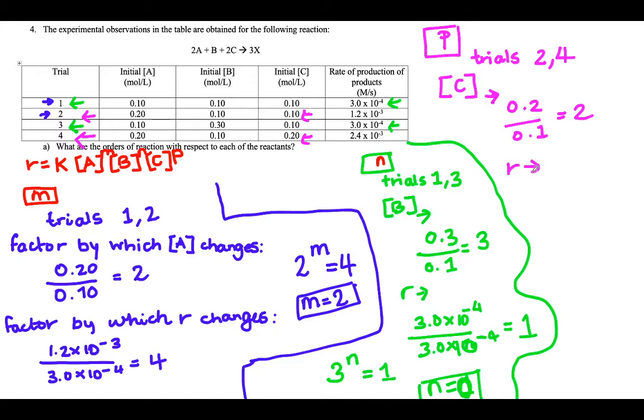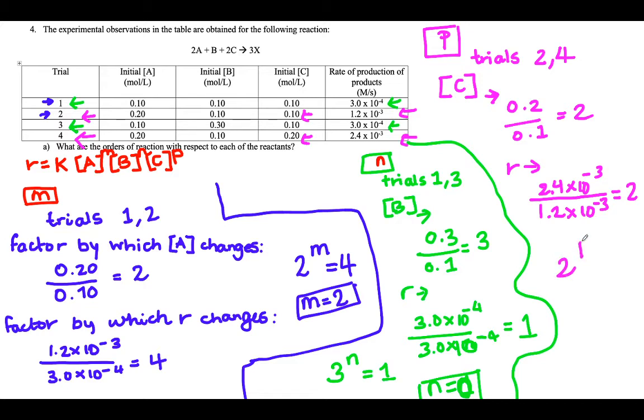If I'm looking for how rate changes, I'm going to again choose trial 4 to be the numerator, just because I did that earlier. 2.4 times 10 to the negative 3 divided by 1.2 times 10 to the negative 3, which gives me a value of 2.